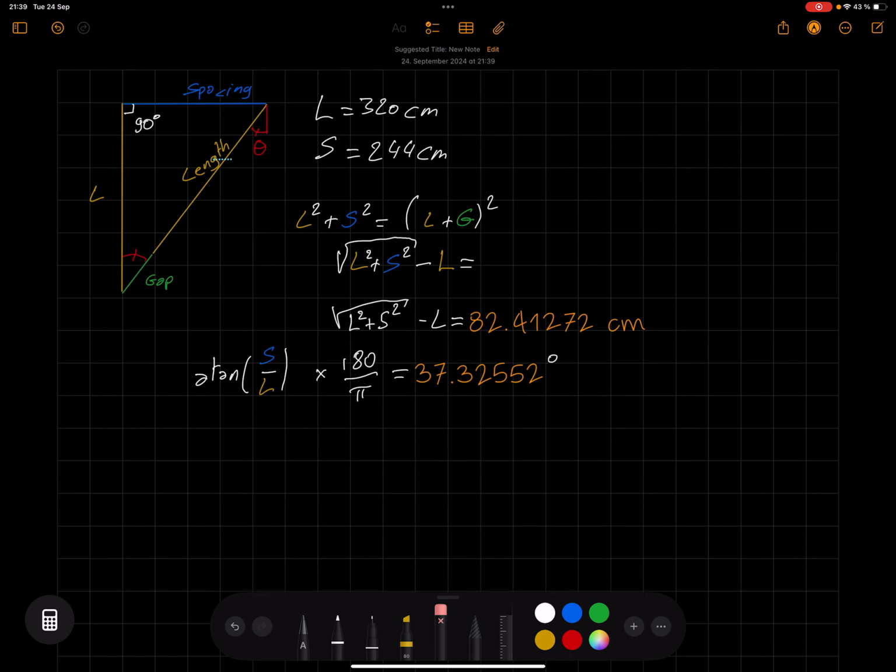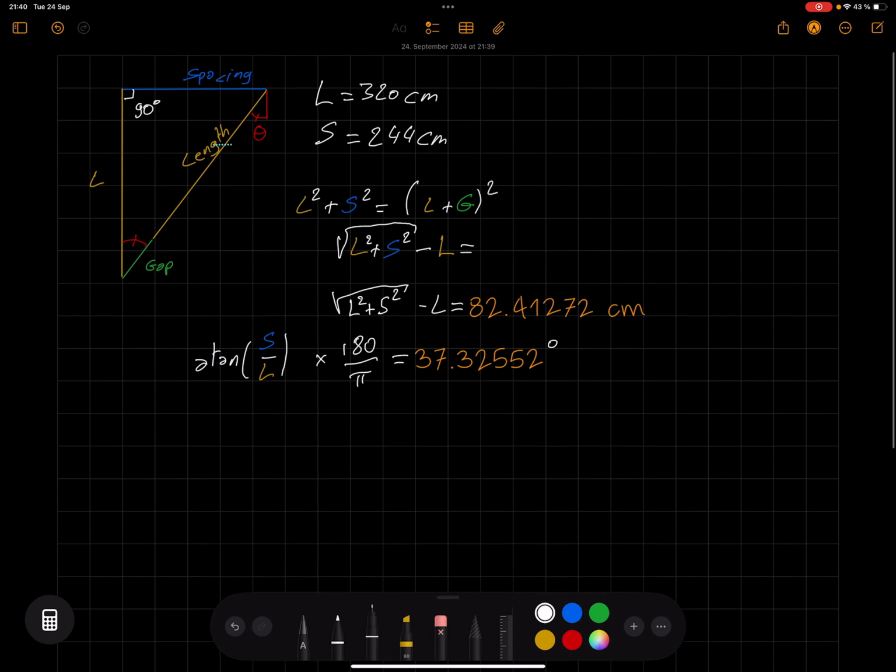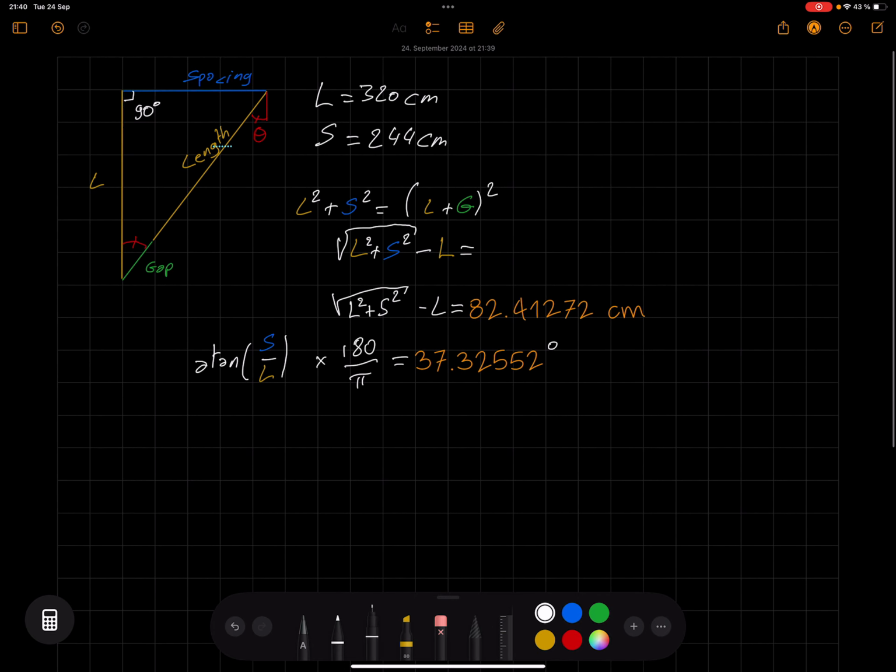So if we fix G at 1 meter, then we have another formula in X and Y. Okay, so this is the idea. Let me just think about it.